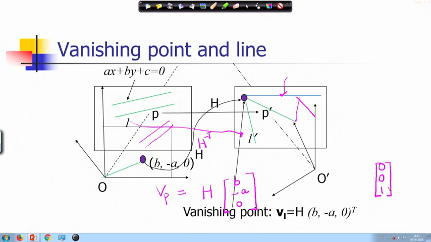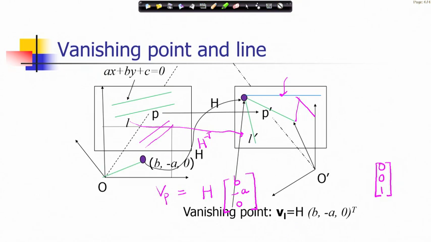This vanishing line is nothing but the transformation of this line at infinity into the transformed space. Which means that if I transform the line at infinity by following the same rule of line transformation, then I will get the corresponding vanishing line.